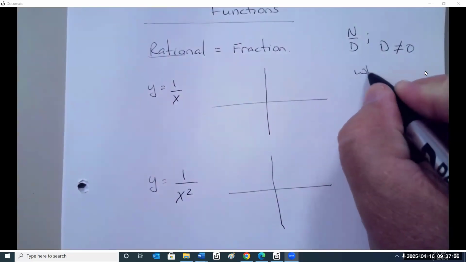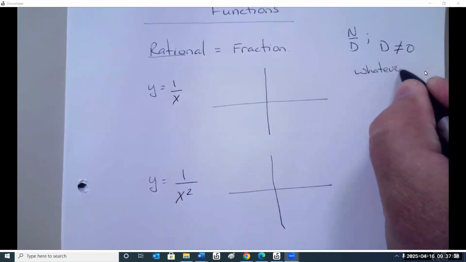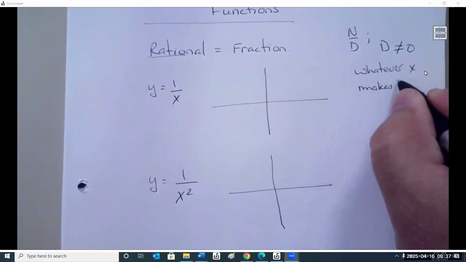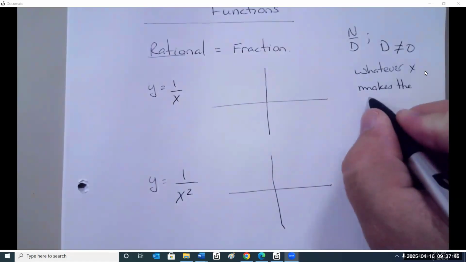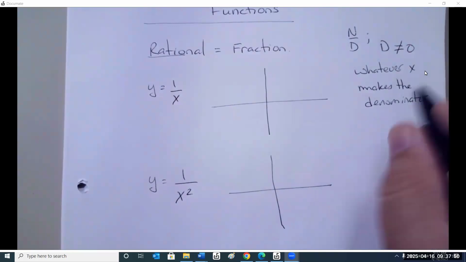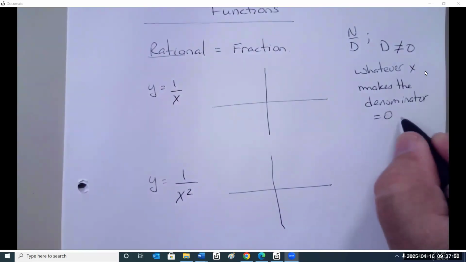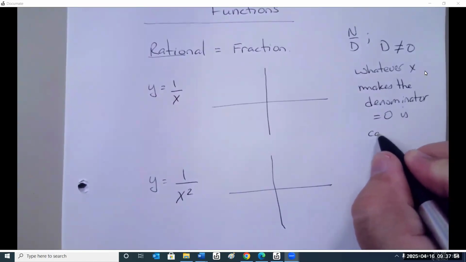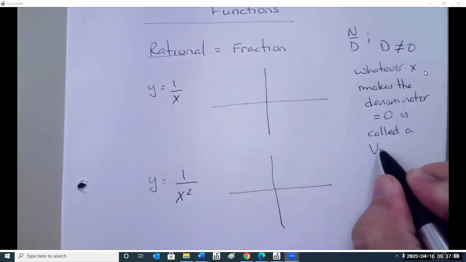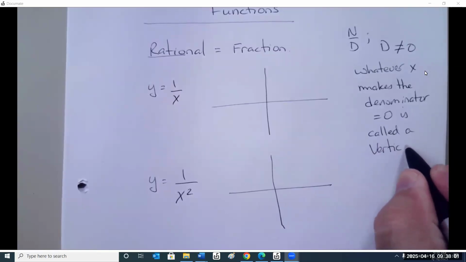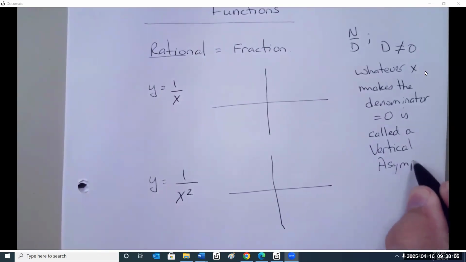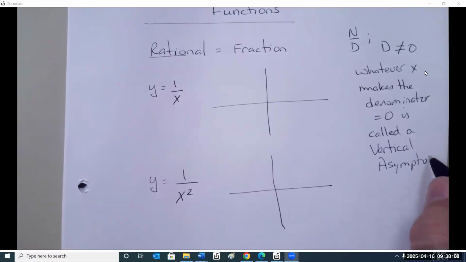So whatever x makes the denominator equal 0 is called a vertical asymptote.